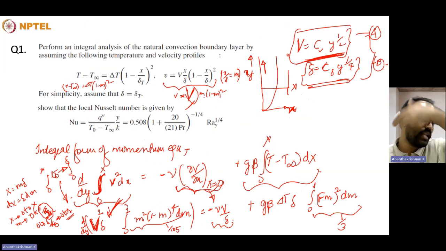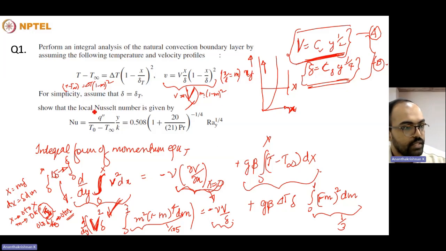So what we did basically was that it was given in the problem the velocity profile and the temperature profile, and we had in our hand the integral form of the momentum equation and the integral form of the energy equation that were derived in this week's lectures.